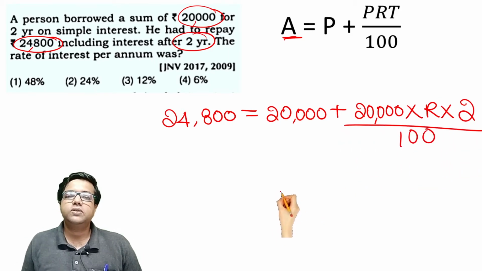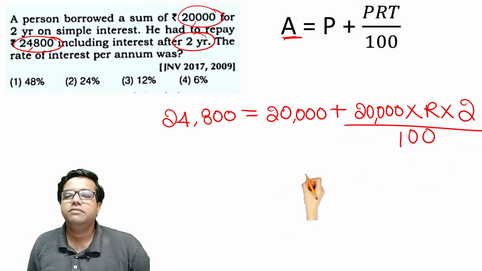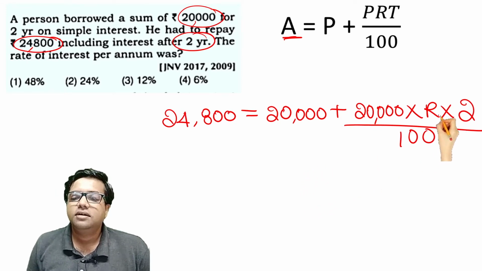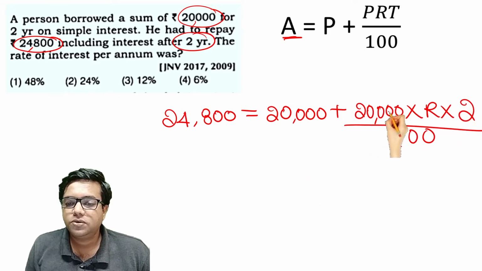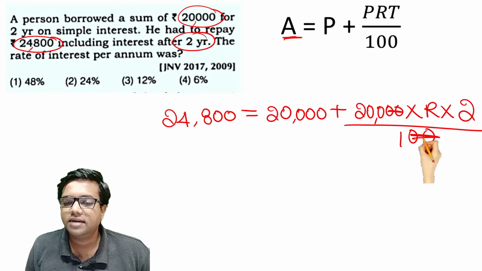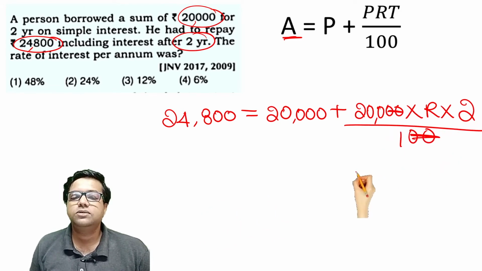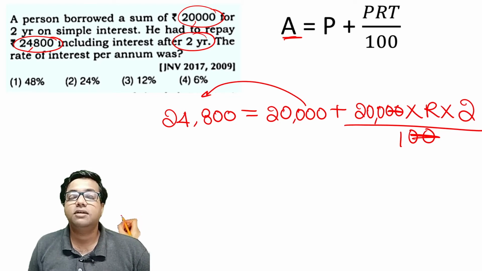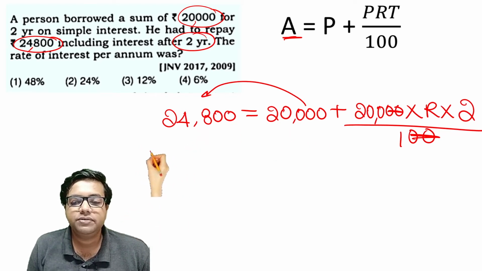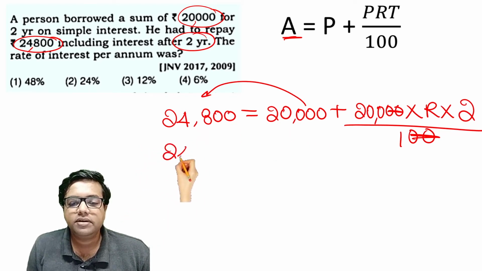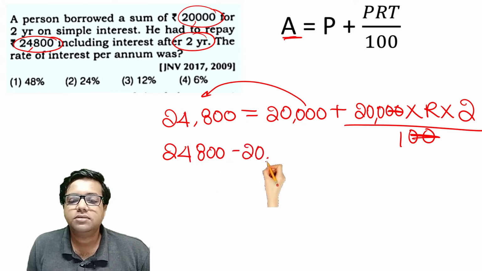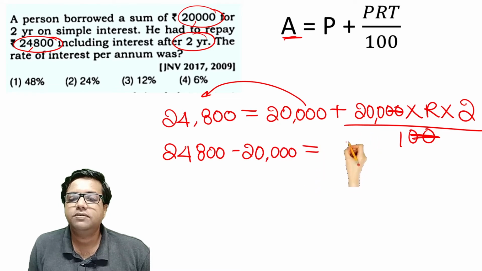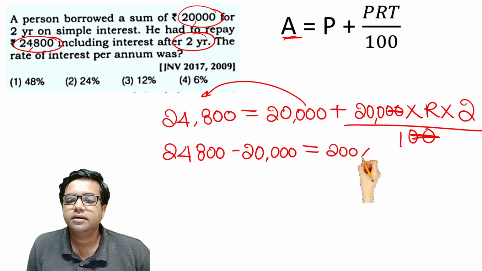If we are able to solve this, we will easily find the rate of interest. The 2 zeros and 2 zeros get cancelled. This 20,000 moves to the left hand side, so it becomes negative 20,000. We get 24,800 minus 20,000 is equal to 200 into R into 2.